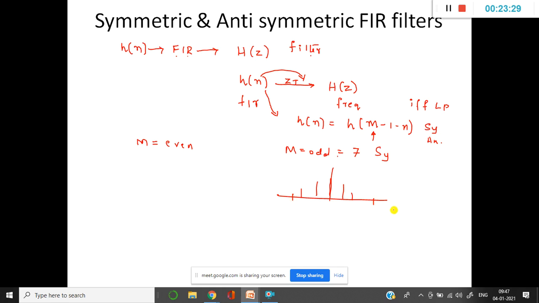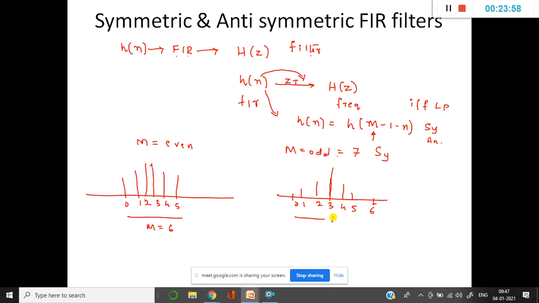Similarly, if m is even and symmetric in nature, this is how it looks. 0 1 2 3 4 5, totally m equal to 6 here. 0 1 2 3 4 5 6, totally m equal to 7 here.